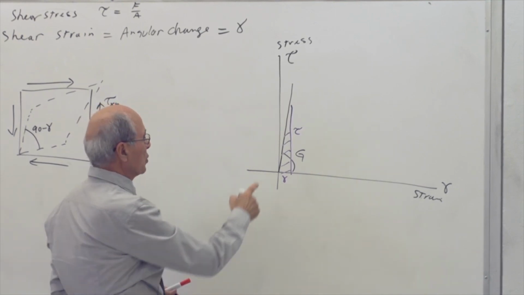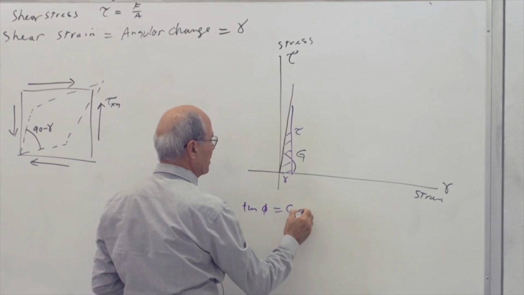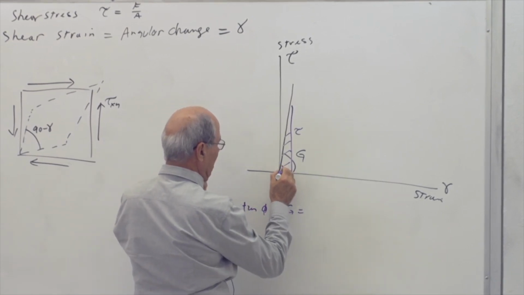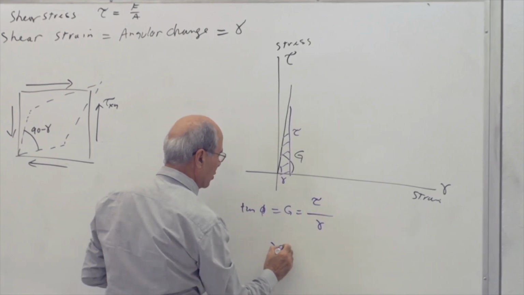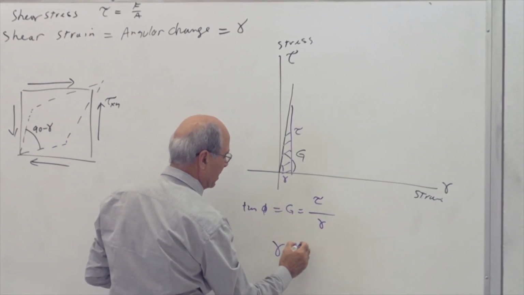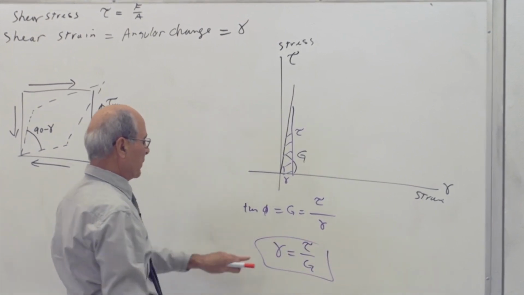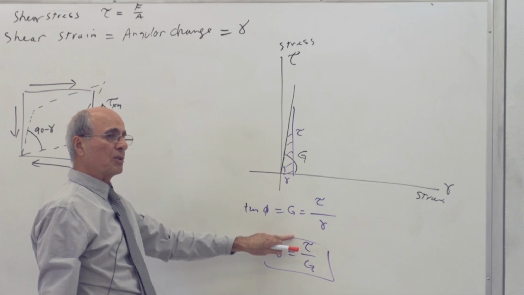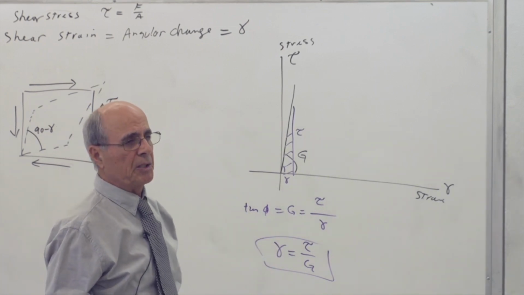Yes or no? So the tangent of phi this time becomes G, the modulus of rigidity, and the tangent of that angle equals tau over gamma, or gamma equals tau divided by the modulus. Exactly like before, strain equals stress divided by the modulus of rigidity this time.